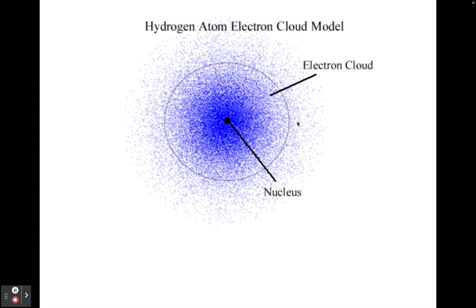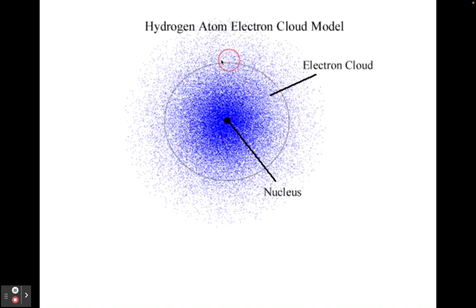And so here is an example of an orbital. If we look at the hydrogen atom electron cloud model, this is our hydrogen atom that has only one electron in it. The nucleus would be here at the center, and here is a probability map.